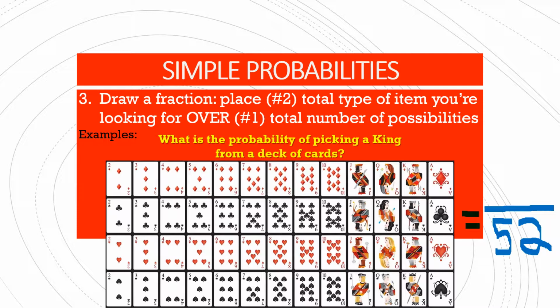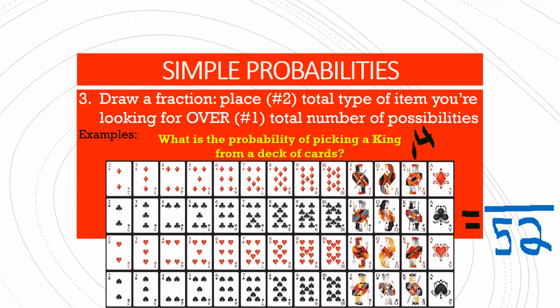And now number 2 is we want to count how many kings. If we want to pick a king, we want to count how many kings are available in that deck. Out of that entire deck, how many kings are available if you want to pick a king. So here's the kings row. So you have 1, 2, 3, 4 kings. 4 kings in that row.